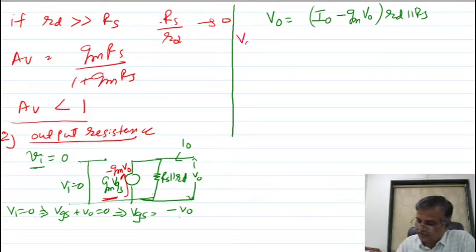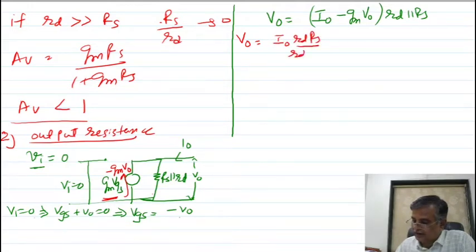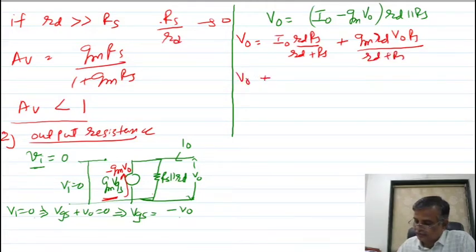So I can write Vo is equal to Io rd upon rd plus Rs. This is a very simplification I am doing, nothing else. gm rd into Vo into Rs upon rd plus Rs. This is a Vo plus, this I am taking on this side, and this is your mu I am putting.